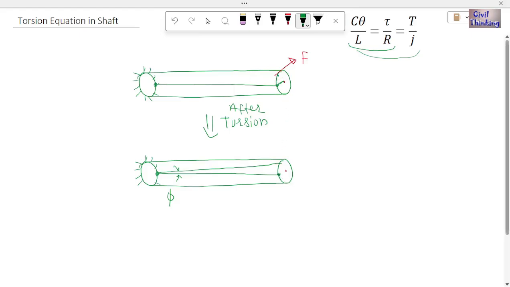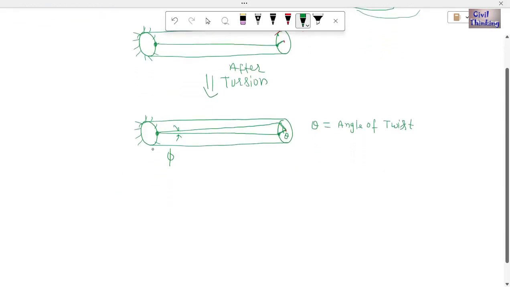Initially the line was like this, but it has reached this position, so there is also an angle theta here. By the way, theta is called the angle of twist. Now this phi is along the length.